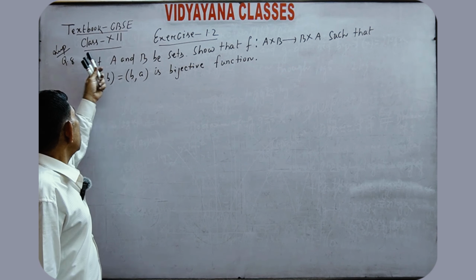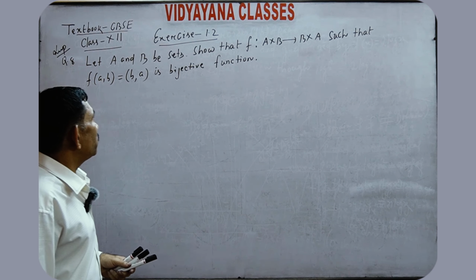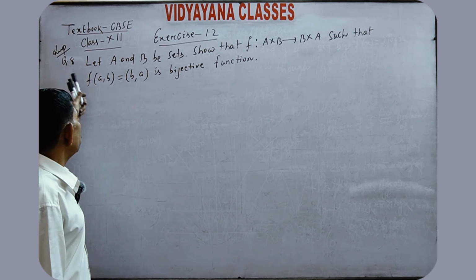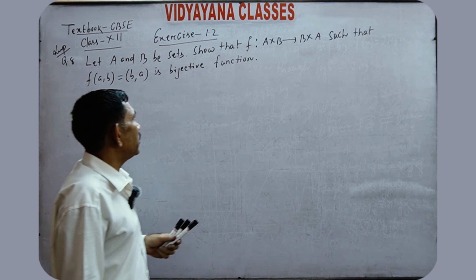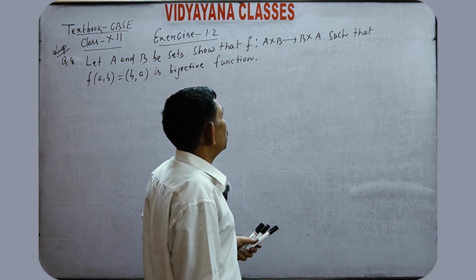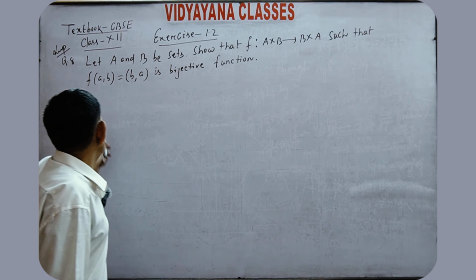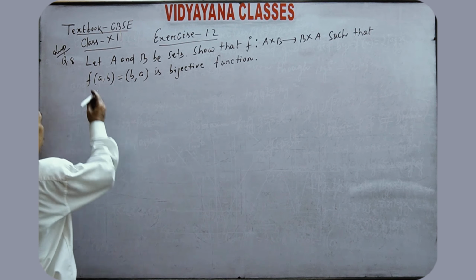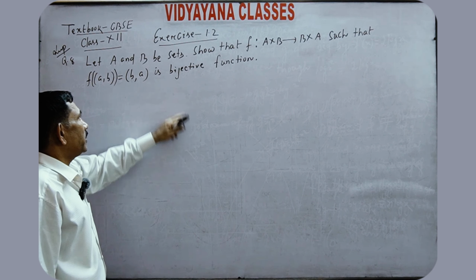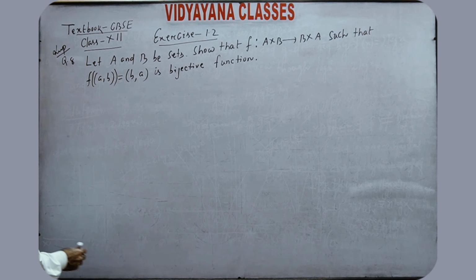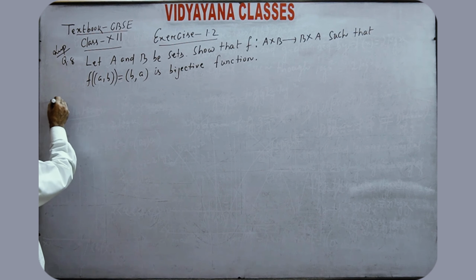Textbook CBSE class 12 exercise 1.2, question number 8. Let A and B be two sets so that f from A cross B to B cross A, defined by f of (a, b) order pair is equal to (b, a) order pair, is bijective. Solution.